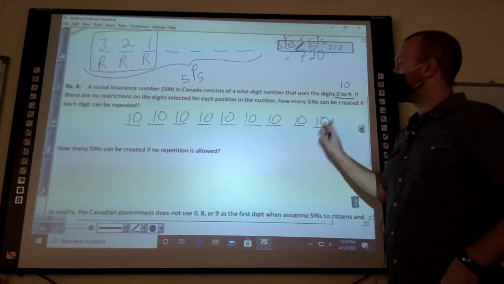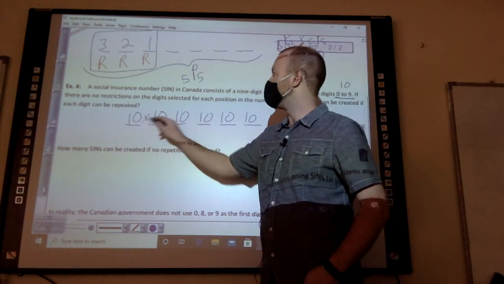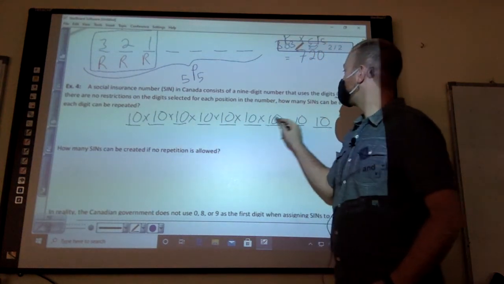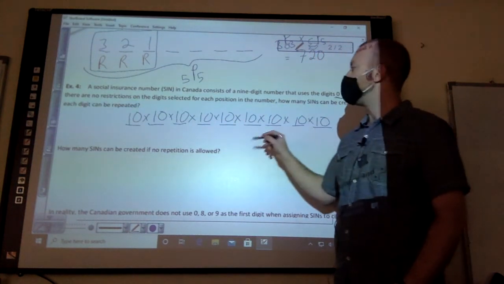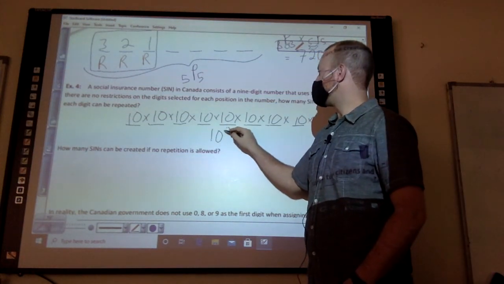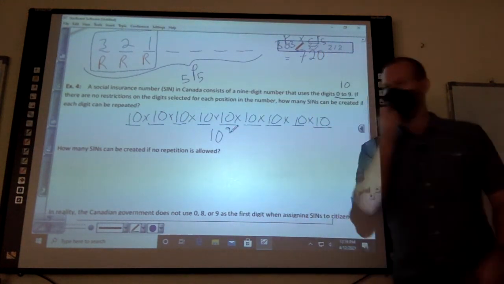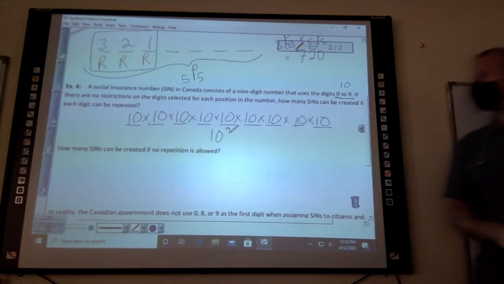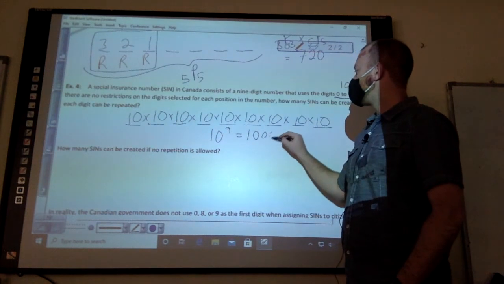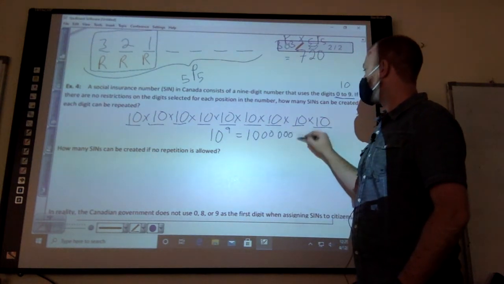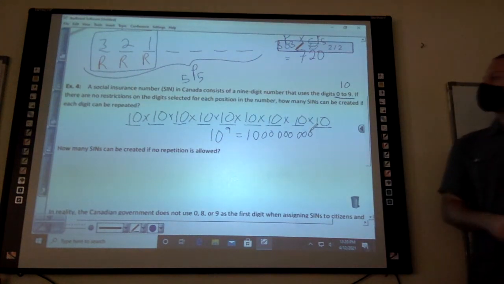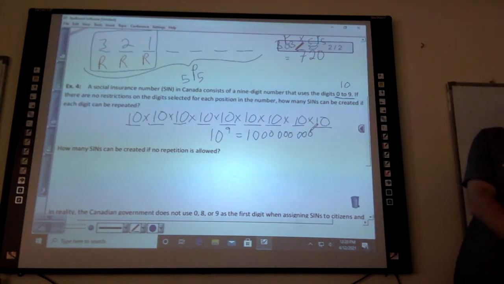So if you times all these together, you'll get 10 to the power of 9, or 1 with 9 zeros. So 1 billion.